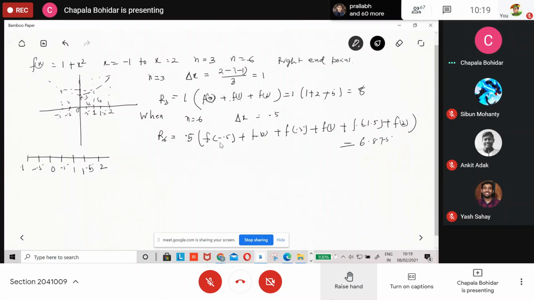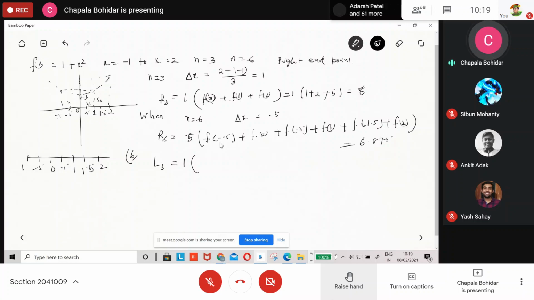Now, the same problem, part B, but using the left endpoint where n is equal to 3 and n is equal to 6. So part B is your left endpoint L3. Already you got for n equal to 3, del x is equal to 1. So I'm writing here 1. Then what you write down for the left endpoint?